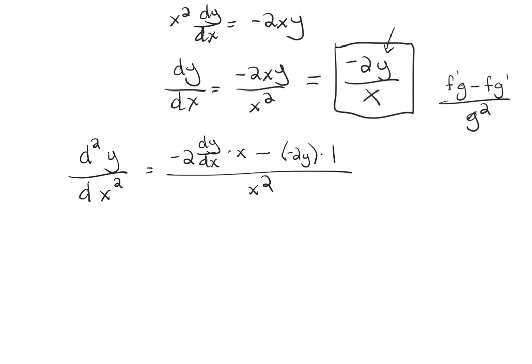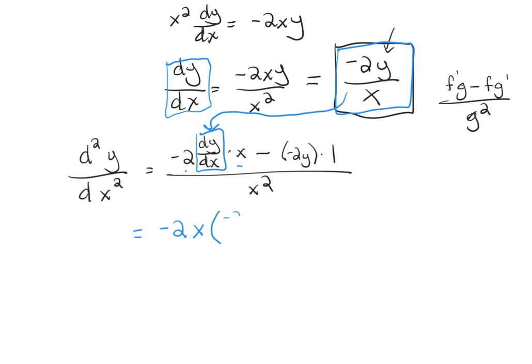Now this next part is interesting. In this equation, I have this dy/dx. Well, if you look up here, dy/dx equals this. So now I'm substituting what dy/dx is in for dy/dx. So I have -2x times dy/dx, which is what I solved for, -2y over x. This I'm going to turn into plus 2y over x squared.